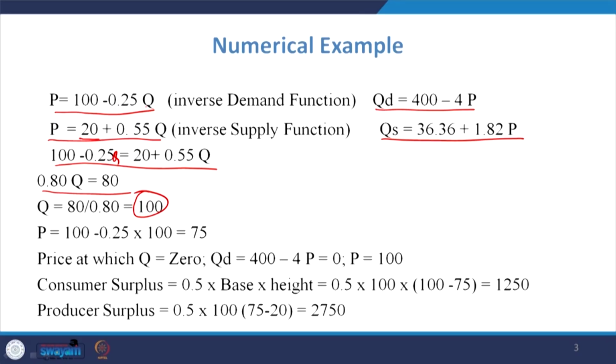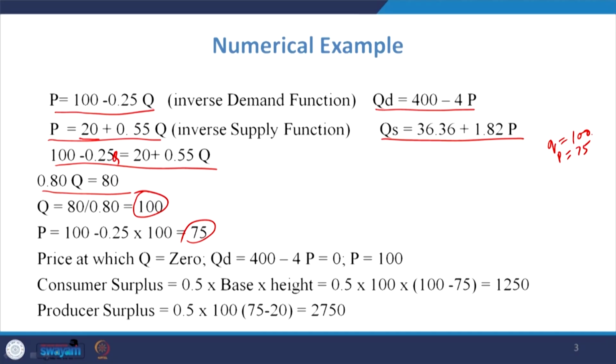So, P is 100 minus 0.25 into 100 equal to 75. So, here we have two values, one is equilibrium quantity Q equal to 100 and P equal to 75.